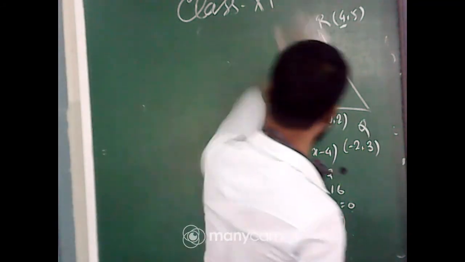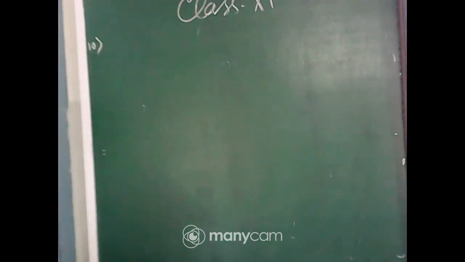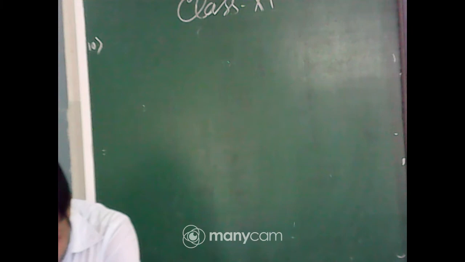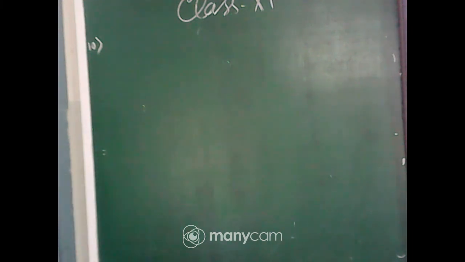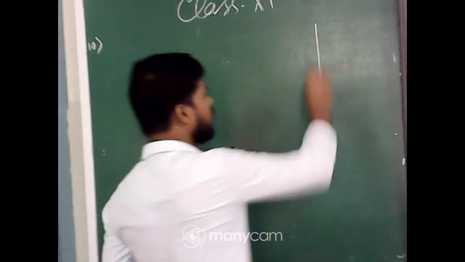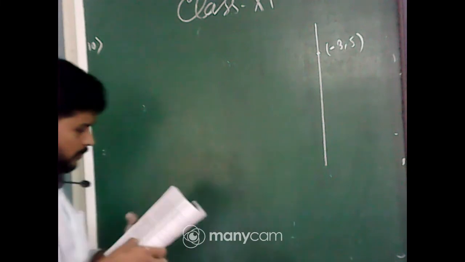You just have a look at question number 10. Now look, what question number 10 says: find the equation of the line passing through the point (minus 3, 5). So we have to find the equation of the line. Suppose this is the line and a point on the line is given as (minus 3, 5).